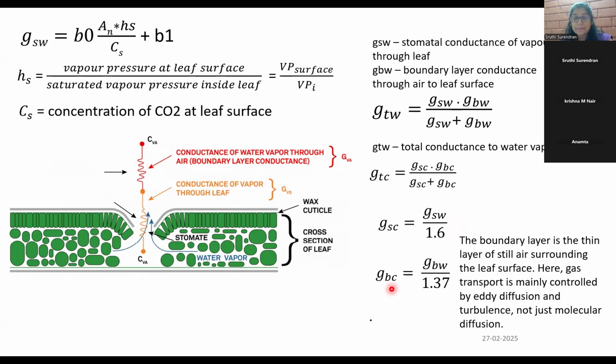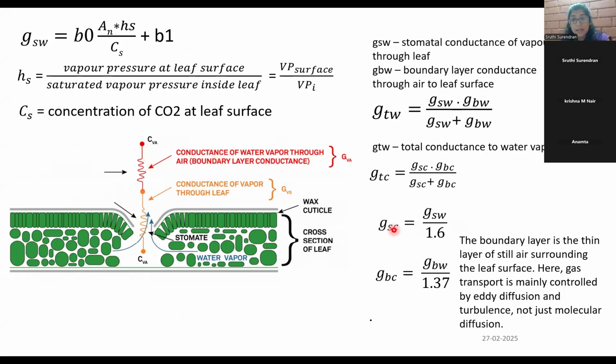In the same way, boundary layer conductance also has to be divided by 1.37. Here it is 1.37 because in this layer only molecular diffusion is being considered. But when you go into the upper layers, which is mostly the boundary layer, there will be some eddy diffusion and turbulent activity also. So those forces also have to be taken into consideration.